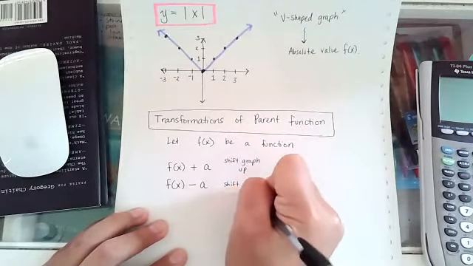Right? And this is essentially saying we're taking the output and adding a number to it. We're taking the output and subtracting a number from it. That will either have the effect of shifting the graph upward or downward.